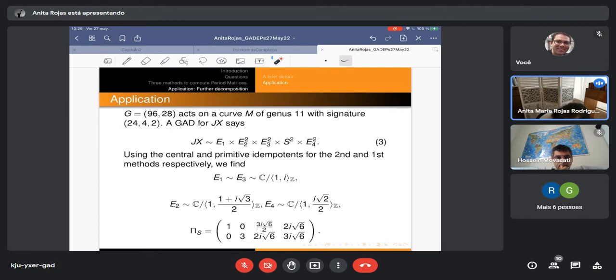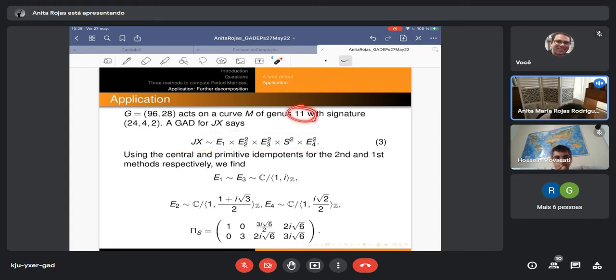With that information, we can compute the group algebra decomposition, and it says that the Jacobian variety decomposes into these 5 factors. Four of them are elliptic curves, and 1 of them is an abelian surface to the square. This is as far as you can go with group action.